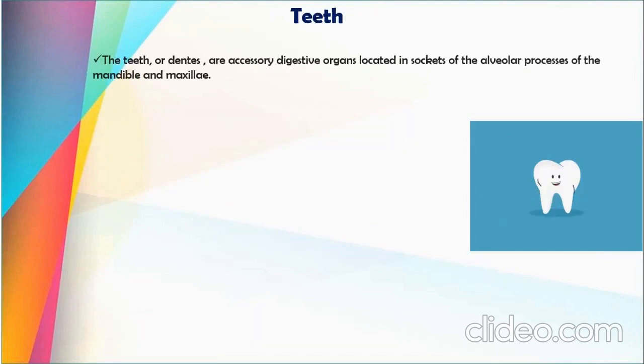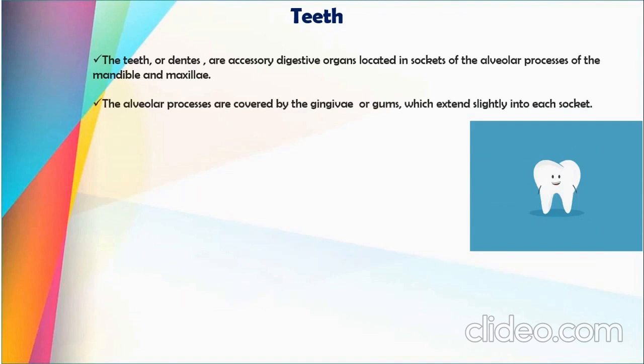The teeth, or dentes, are accessory digestive organs located in sockets of the alveolar processes of the mandible and the maxilla. The alveolar processes are covered by the gingiva, or the gums, which extend slightly into each socket.